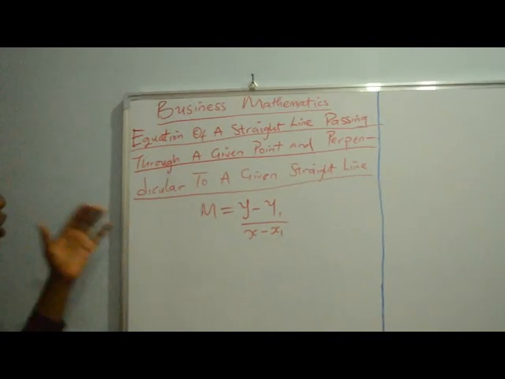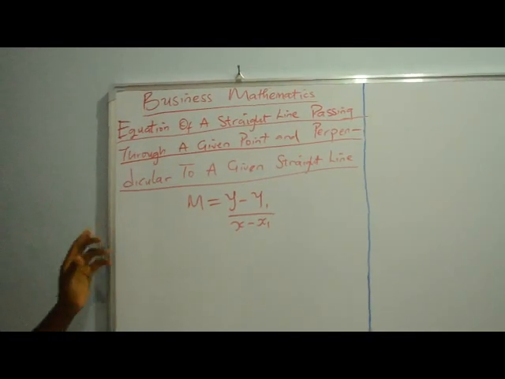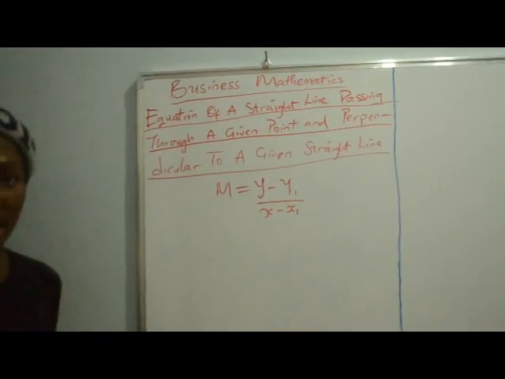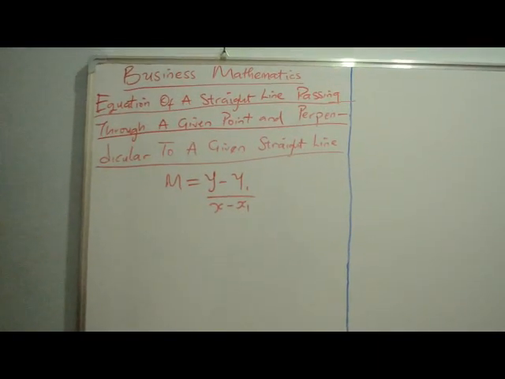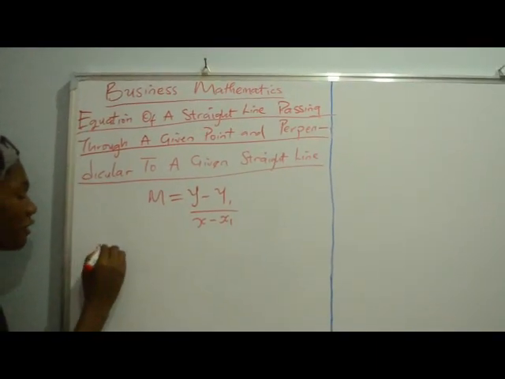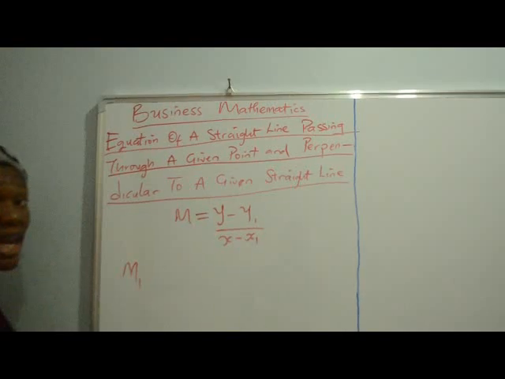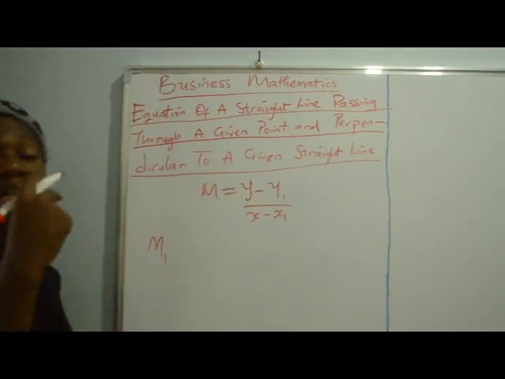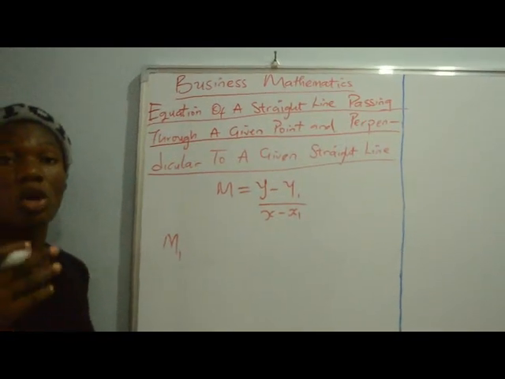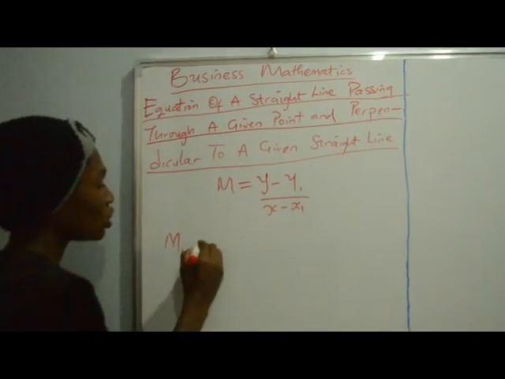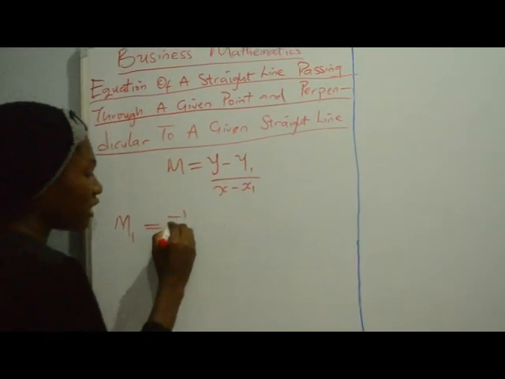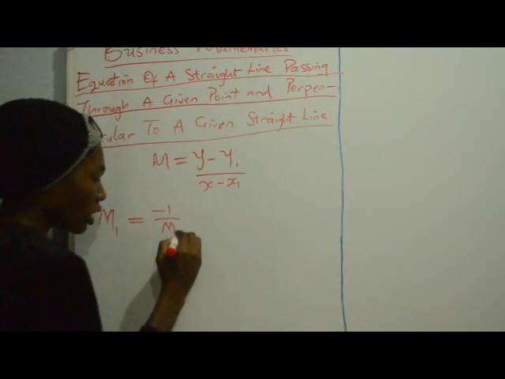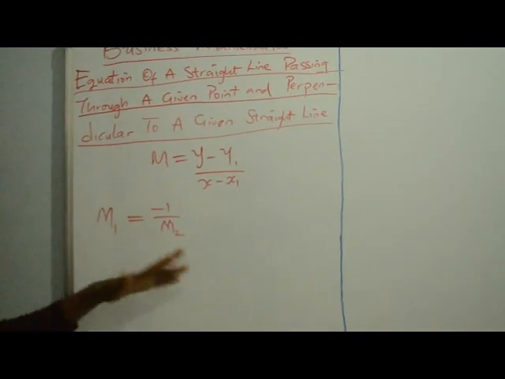Now, the second thing I want to look at is that when we have perpendicular lines, the gradient of the first line, which is our m1, will be equal to the negative inverse of the gradient of the second line. So m1 is equal to the negative inverse of m2. This is what it means.